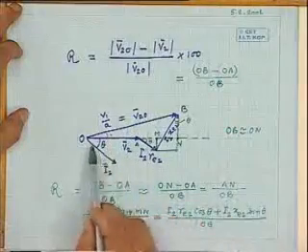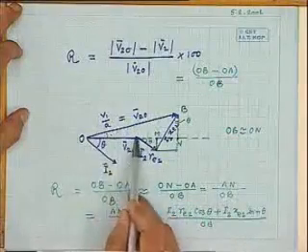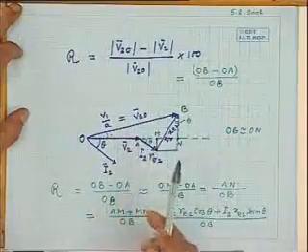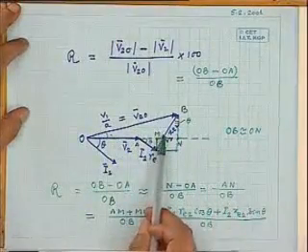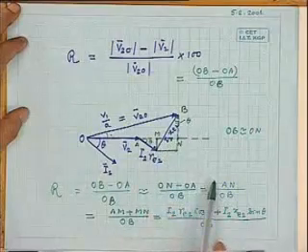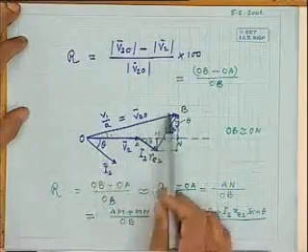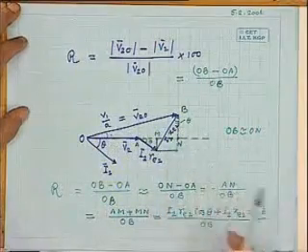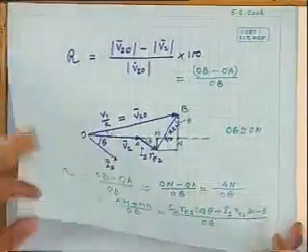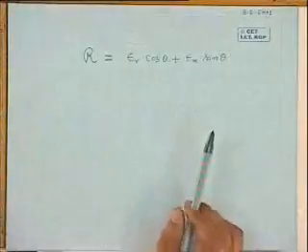Now suppose instead of a lagging power factor load, the load were leading power factor, suppose the load current is leading the terminal voltage by some angle theta. One can once again draw a phasor diagram and derive the expression for regulation with this approximation that OB will be approximately equal to ON, that is, perpendicular drawn, etc. But can you predict how this result will change?